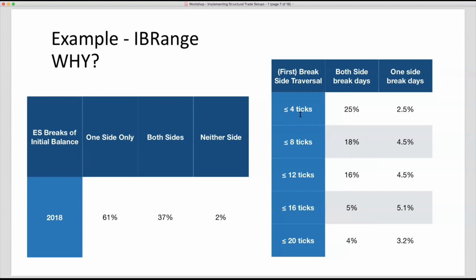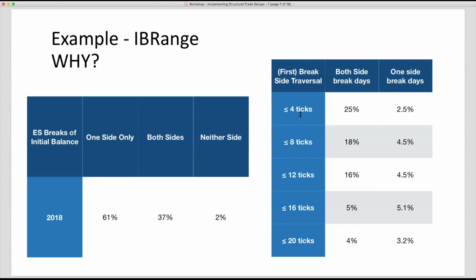And when I started looking at trading seriously, I thought, how can I take this same process-driven mechanical approach to trading? Because what seems to happen is the market opens, it goes up and it goes down over a period of time. Let's call this the first hour, the initial balance. And then it breaks one side and it might come back in and it keeps going, or it doesn't break one side, or it breaks both sides.